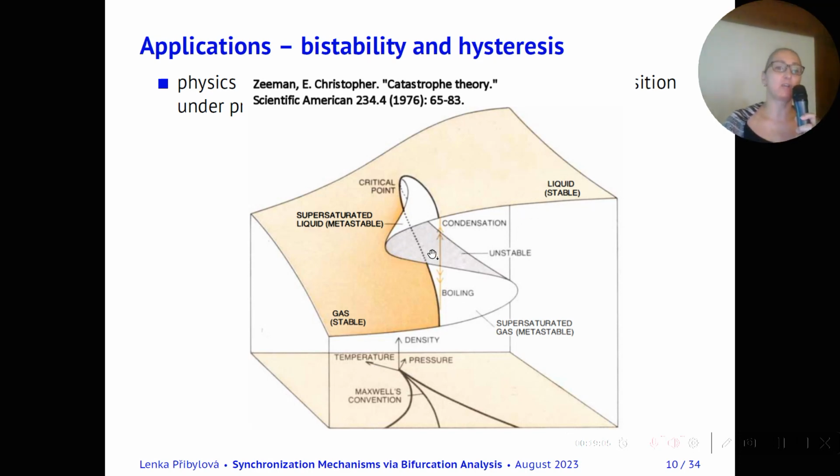So you can see this is liquid, this is gas, and these are changes of the state of the matter. And when you have very high temperature and very high pressure, you have a critical point here. This is the cusp point, a two-parametric bifurcation, doesn't matter. And above it, you simply cannot distinguish between gas and liquid. It's plasma, probably.